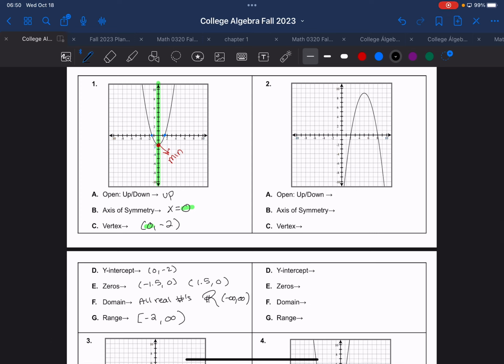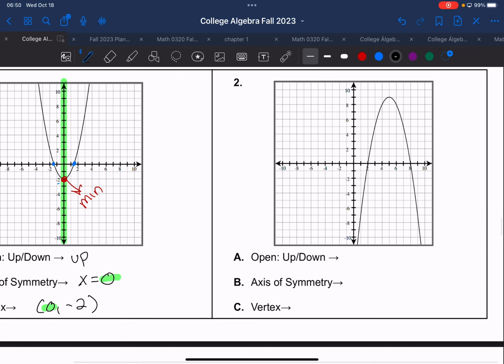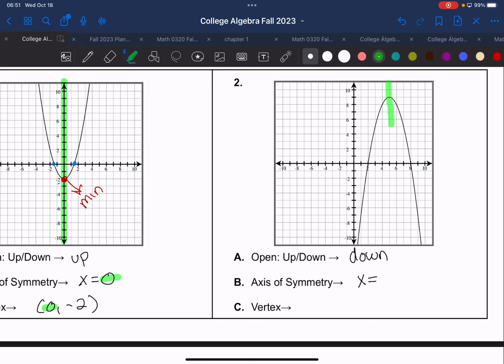And we're just going to do this for the next couple problems to practice this vocabulary. So looking at number 2, does our function open up or down? Down, so we're going to say down. And at what value of x is our axis of symmetry? Where does it divide the function in half? 5. Good, 5, right here. And that is at x equals 5.